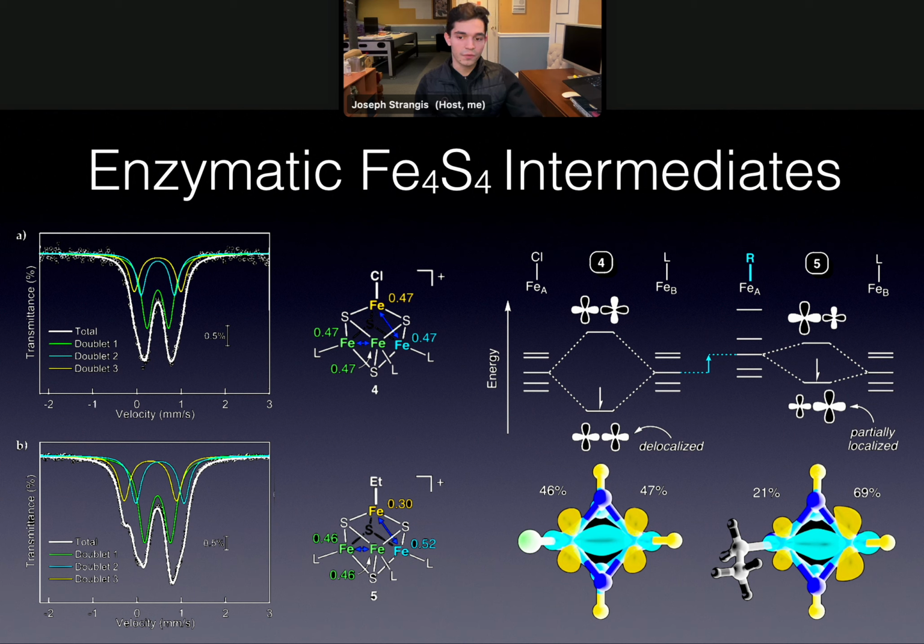On the left, the figure shows insights on the electronic structure of the synthesized Fe4S4 clusters with the alkyl ligands. The picture shows a simulation of the Mossbauer spectrum of the clusters, indicating the distribution of electron density among the iron sites.